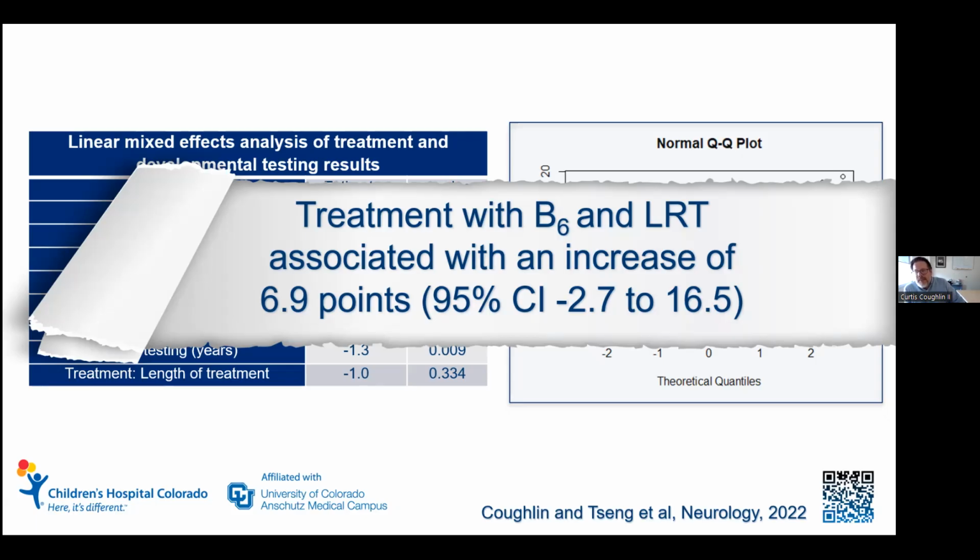My example in this data set, pulling one data point out, is that we did developmental testing in a 14-year-old who was on pyridoxine therapy her whole life until she was 13 and a half. She switched to pyridoxine plus lysine restricted therapy at 13 and a half, was on it for 6 months, and then had her developmental testing.